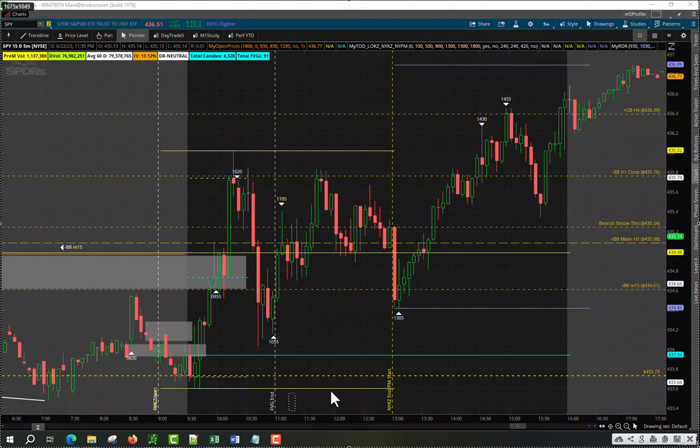This one you can call breaker, fair value gap, retest, right? Or another name for this, the ICT calls it a unicorn. Unicorn, right? And it is a long setup.